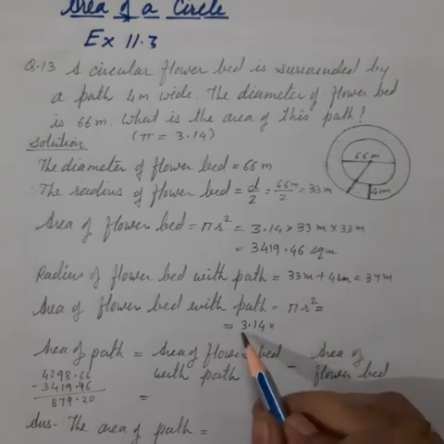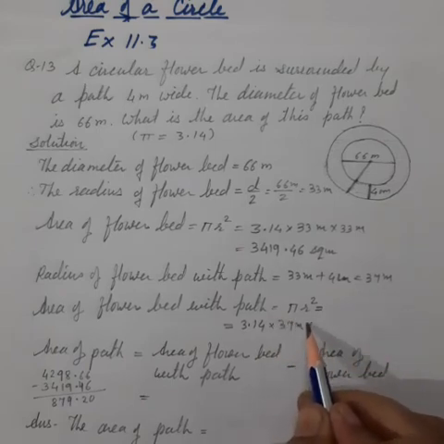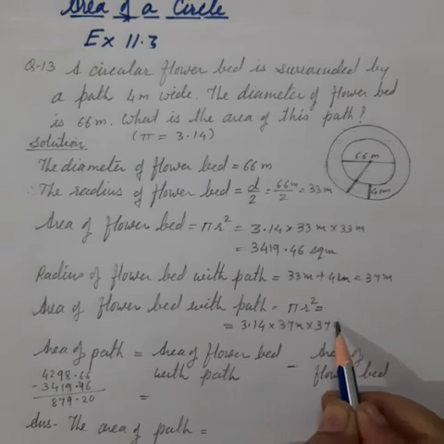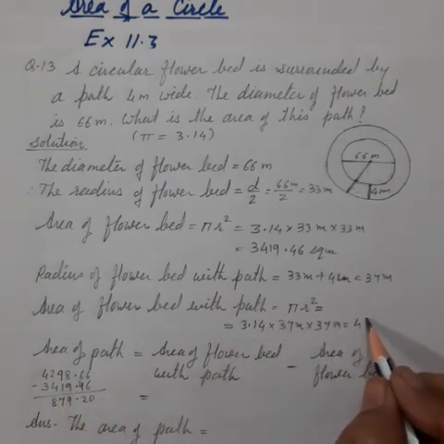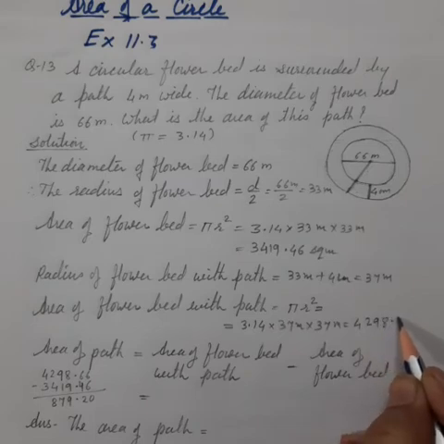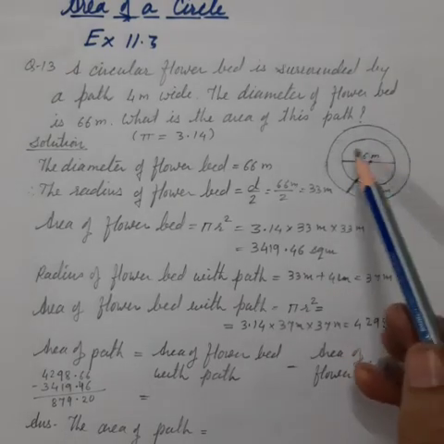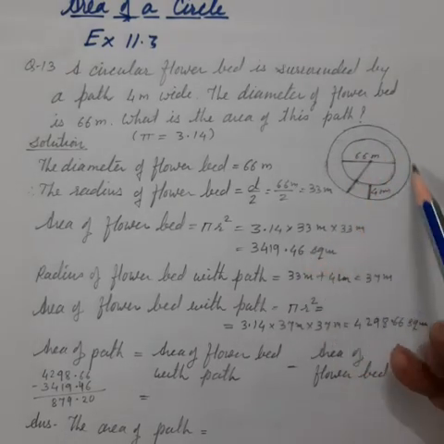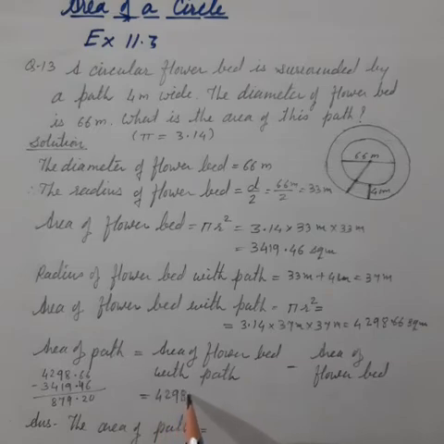Value of pi is given 3.14. Radius is 37 meter. Again into 37 meter. Find out this value. We get here 4298.66 square meter. Now to get the area of this path, subtract the area of flower bed from the area of this outer circle. Outer circle area is 4298.66 square meter.